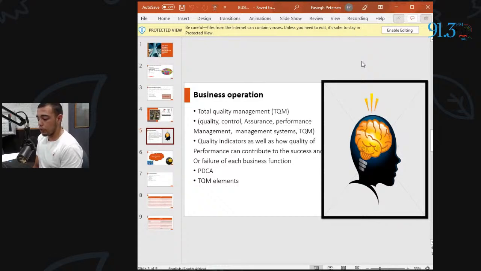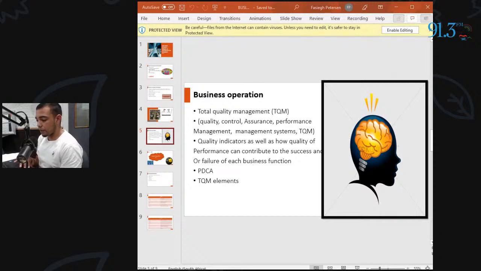With these, we always look at the differentiation between quality control, quality performance and quality management. We look at the quality management systems as well as the total quality management of the overall company. We'd also look at quality indicators as well as how quality of performance can contribute to the success or failure of each business function.